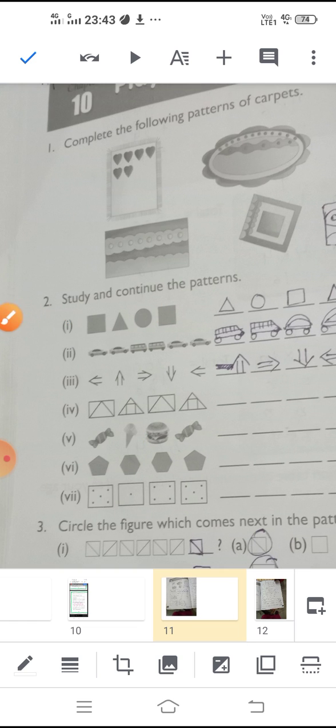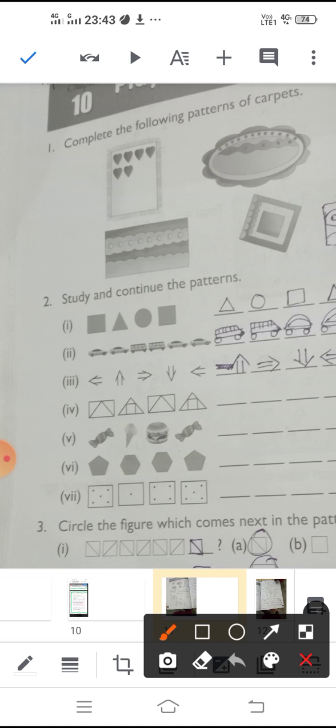Now you can see here the arrow is left side, then up, then right side, then down, then left side. So how will you continue? After left side it is up. So you will draw up, then right side, then down, then left side. The same pattern you will continue.